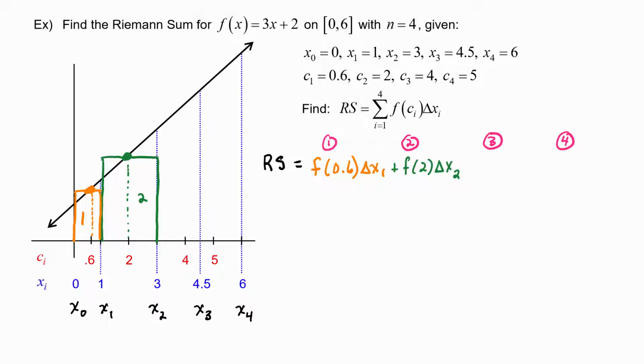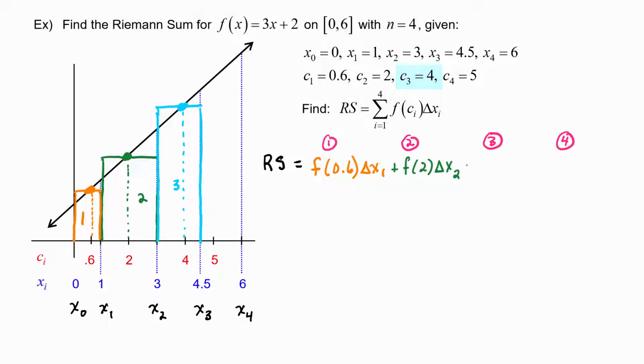Then in region 3, we are told to use an x value of 4. Then the height of the rectangle in region 3 will be f of 4. And then this will be our rectangle that we use.